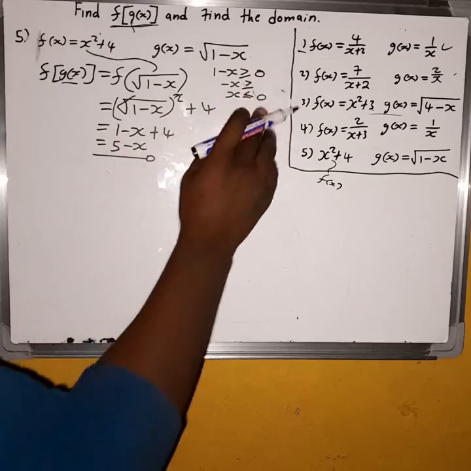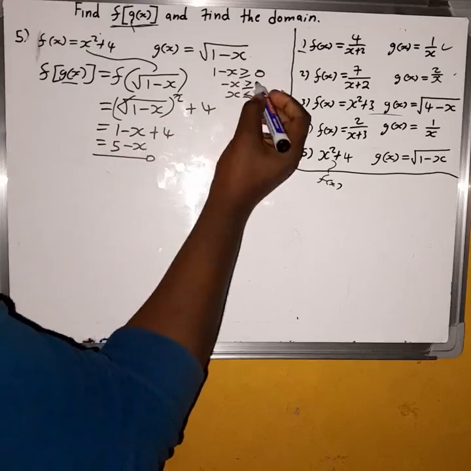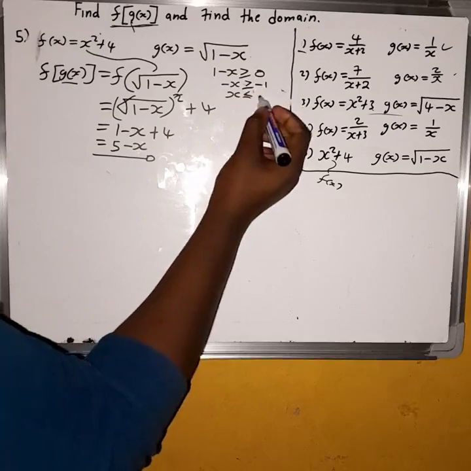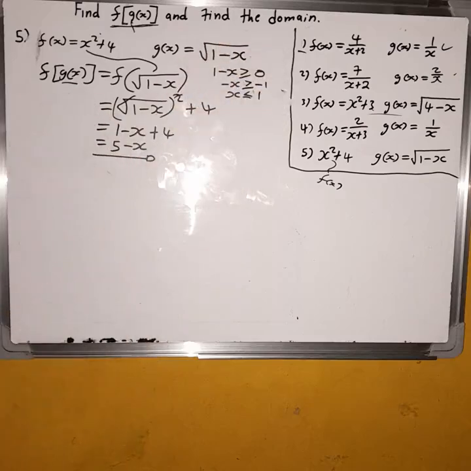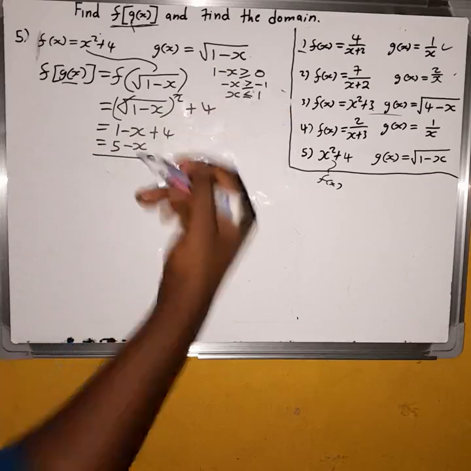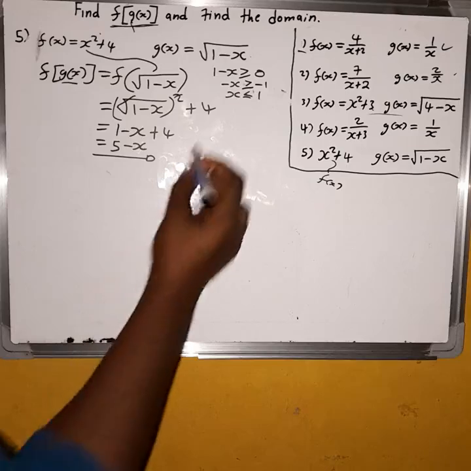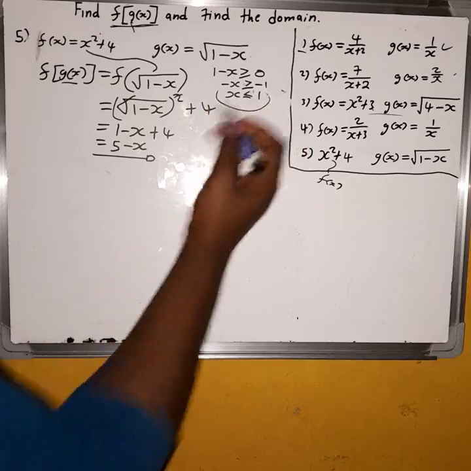Here what I'm dividing by is minus 1, then this will be positive 1. It changes the inequality because it's divided by minus 1, right? So we only have this restriction.